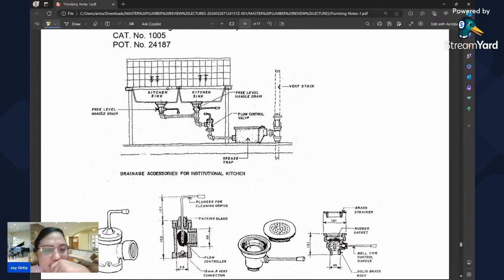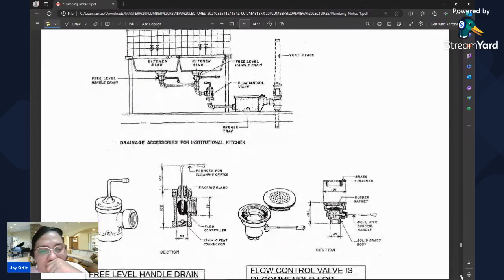Here's the kitchen sink. Tapos dito naman yung free level drain. Tapos flow control valve. Then this is the grease trap. Bakit may grease trap? Usually, diyan po kasi yung mga sa pagkain, 'di ba? Yung mga sobra-sobra sa pagkain. Also, meron also vent stack.